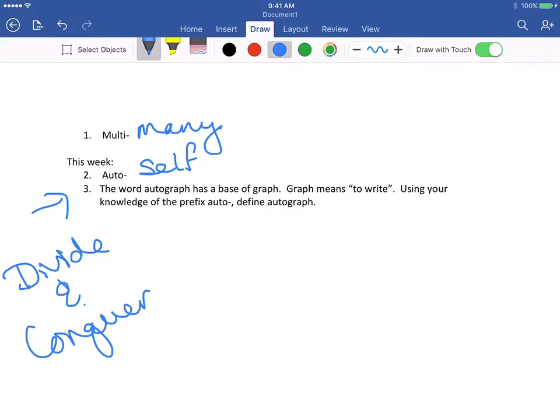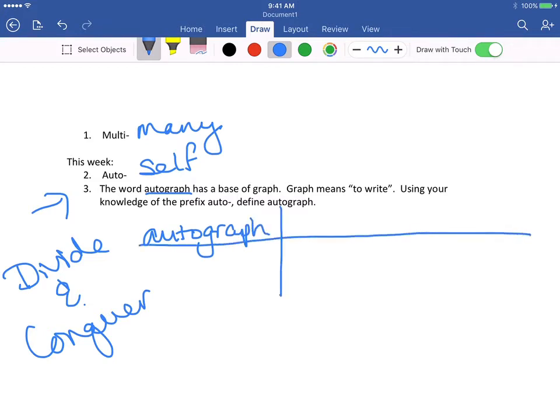So picture it, the word autograph. I'm going to do this, autograph, right? Then I would have my chart. Well, what's my prefix of autograph? Auto, right? So my prefix goes here, auto, but what does it mean?